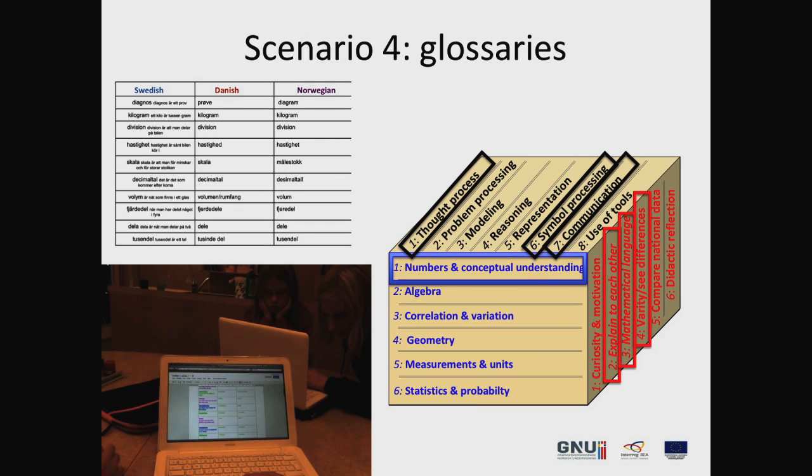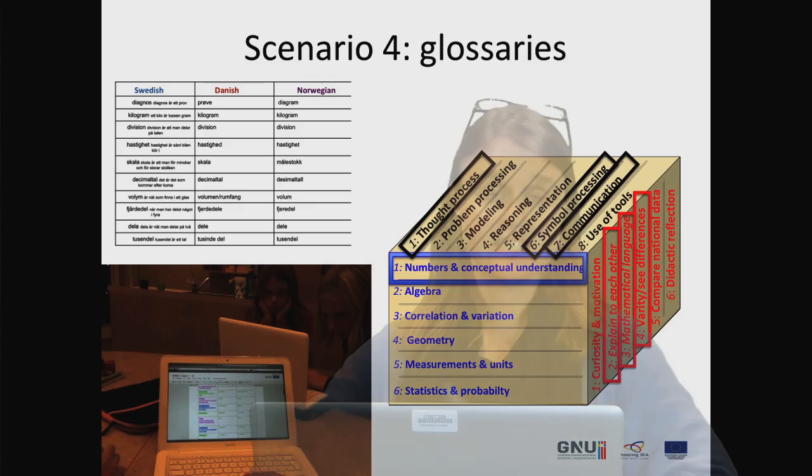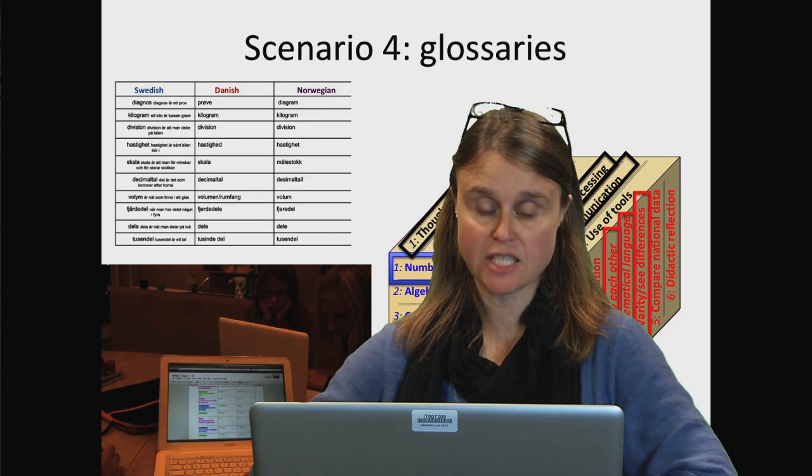Scenario 4, glossaries. Here the Swedish, Danish, and Norwegian students compared and contrasted how they explained and what wording they were using addressing different types of mathematical concepts in order to see what kind of similarities and differences there are in the mathematical language.